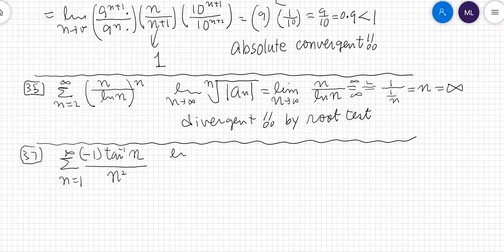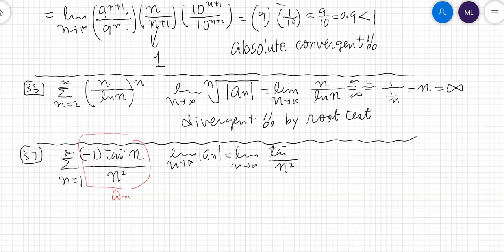Okay, now remember, if I say limit as n goes to infinity of an, this whole thing is an, okay? Then this is the limit as n goes to infinity of tangent inverse of 1 over n squared.